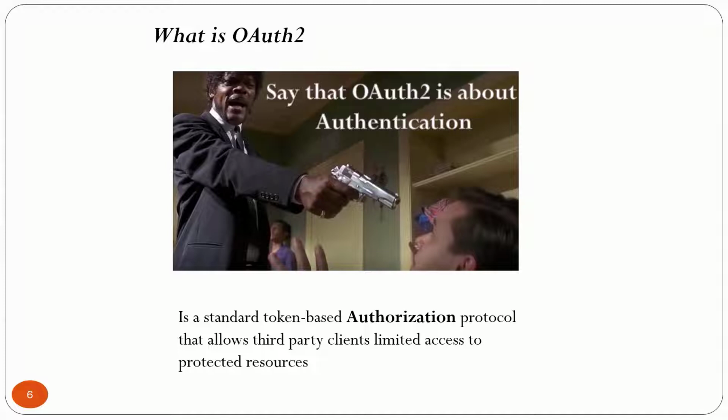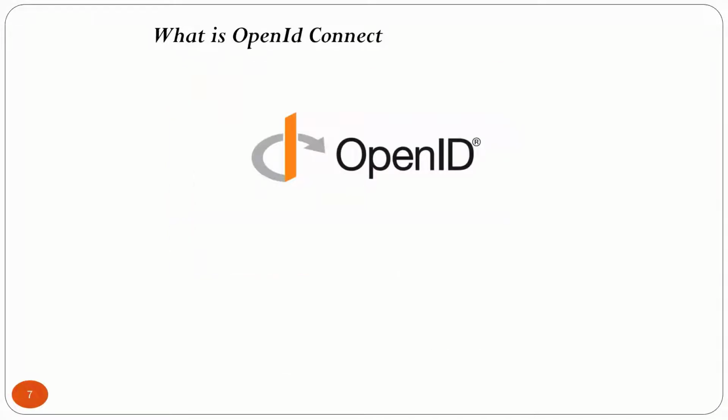Now we have talked about OAuth2, but what about OpenID Connect? OpenID Connect is an extension of OAuth2. It's a standard authentication protocol built on top of OAuth2. It has the OAuth2 features, but introduces other concepts about authentication, and the ID token is an example of it.